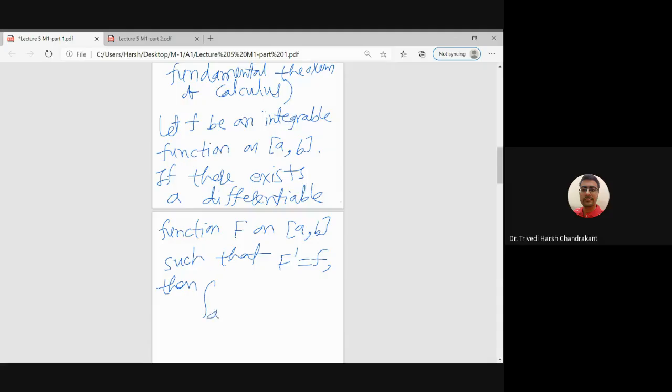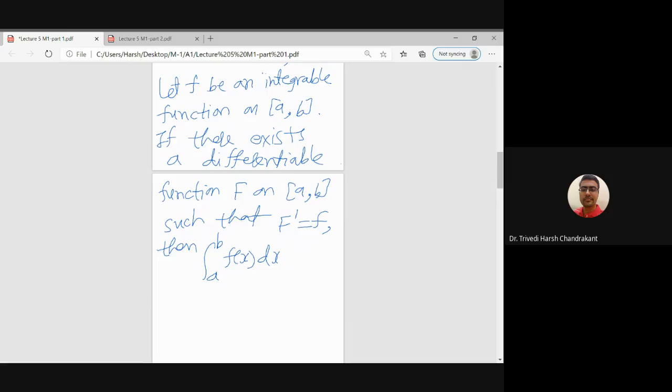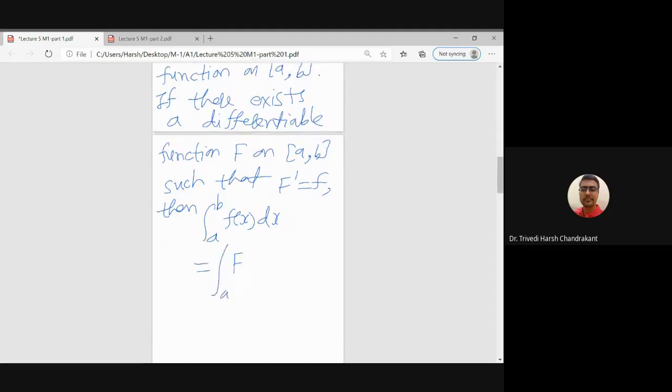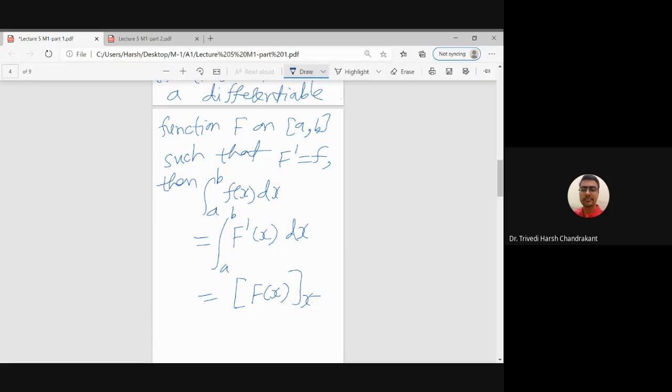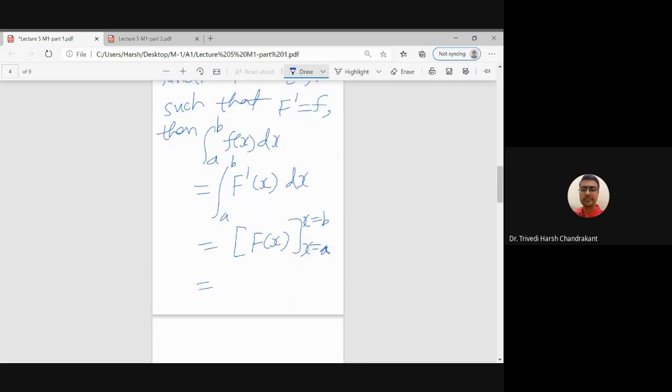then in this case, whenever we integrate a to b of fx dx, essentially what we use every time is that whenever we have a function which is the derivative of some function, then this is basically the integral of F dash x dx, and then we evaluate the function from x equal to a to x equal to b.